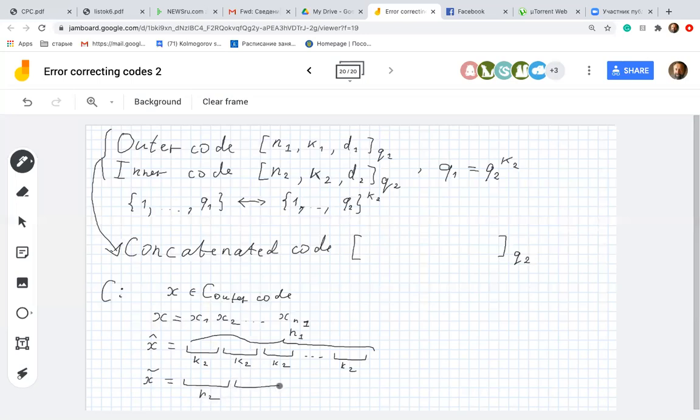From each block of length K2, we obtain another block of n2 symbols, and the number of blocks remains the same, n1.